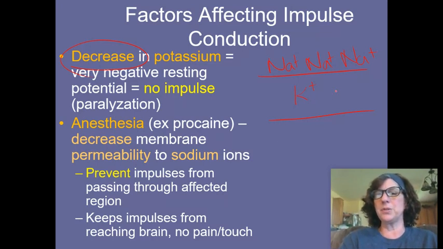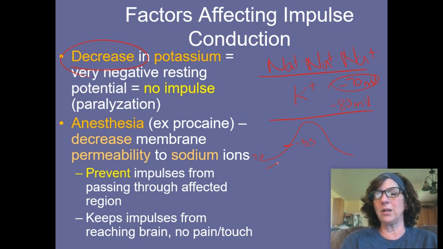So I'm supposed to start at negative 70, but now I have increased my negativity. So now I'm starting out at maybe negative 80 millivolts. That's another problem. So here's my graph again. I'm supposed to be starting at negative 70 because here's threshold at negative 55.